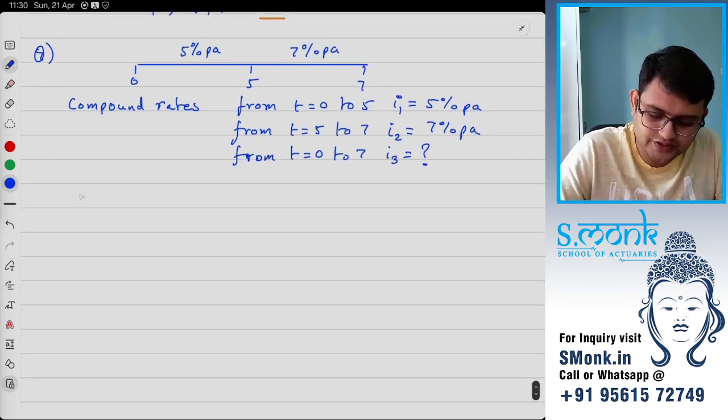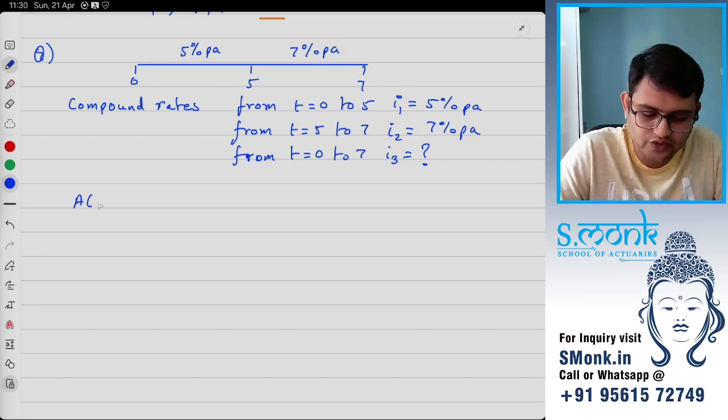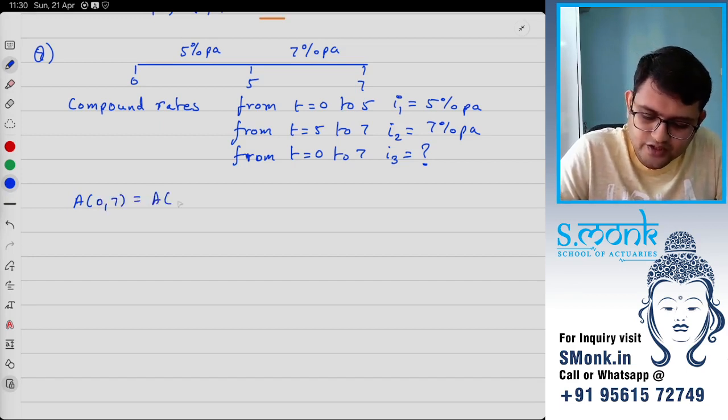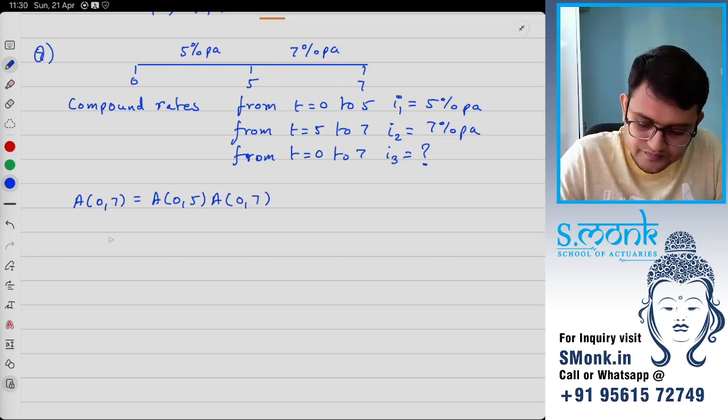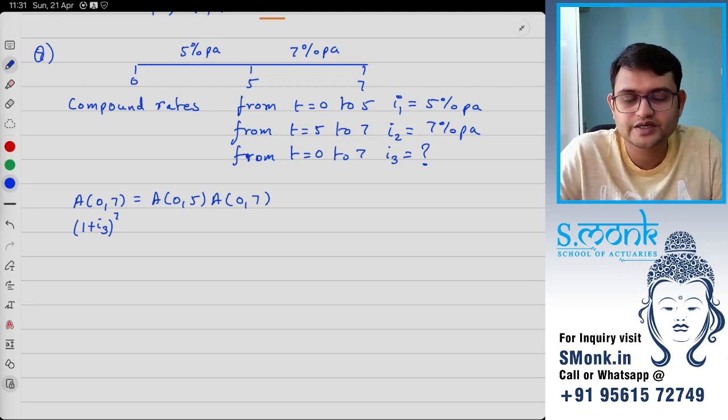So to find this, we are simply going to say the accumulation going from 0 to 7 is accumulation 0 to 5 into accumulation 5 to 7. So that is 1 plus I3, because we are talking about compound interest, raised to 7, because we are going for 7 years.